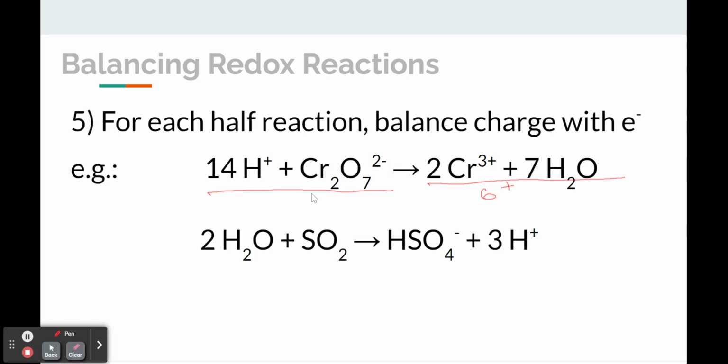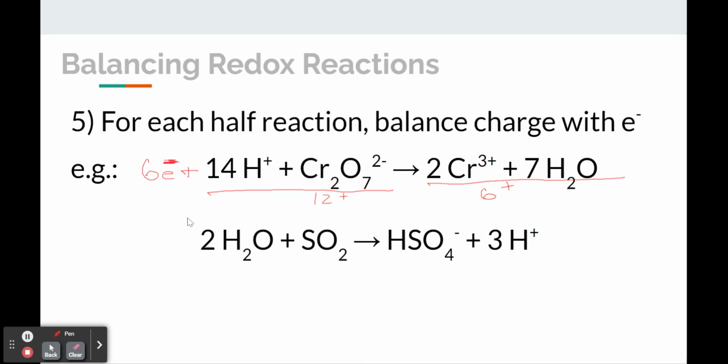So that's a 12+ total. I have to bring these into balance. So that means I need the left-hand side to be 6 units more negative. So I'm going to add 6 electrons. So you're always looking at how much more negative do I want to make one of the sides, because all you can balance this with is electrons.